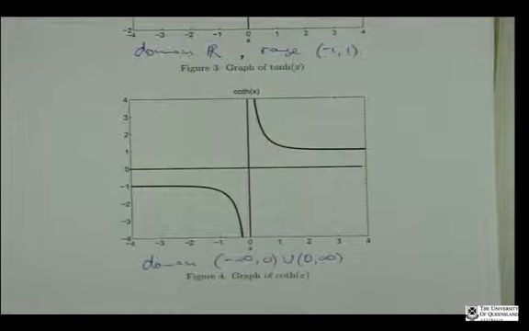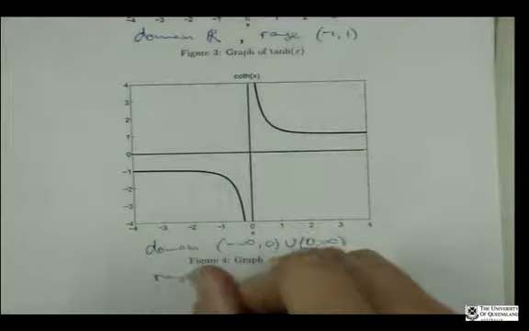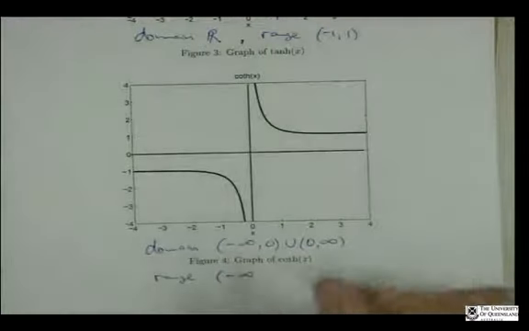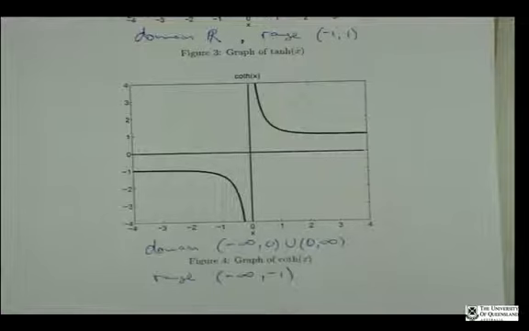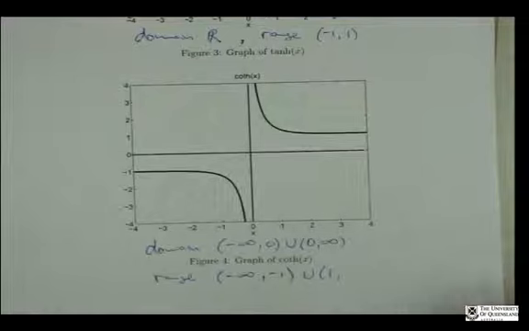So we're not including 0 in that domain, because coth is actually the cosh over sinh, and at 0, sinh takes on the value 0, so it's not actually defined at 0. And the range in this case, it takes on values from negative infinity to -1, or actually not including -1. So it's the union of that interval and a similar interval. So all real numbers strictly greater than 1.